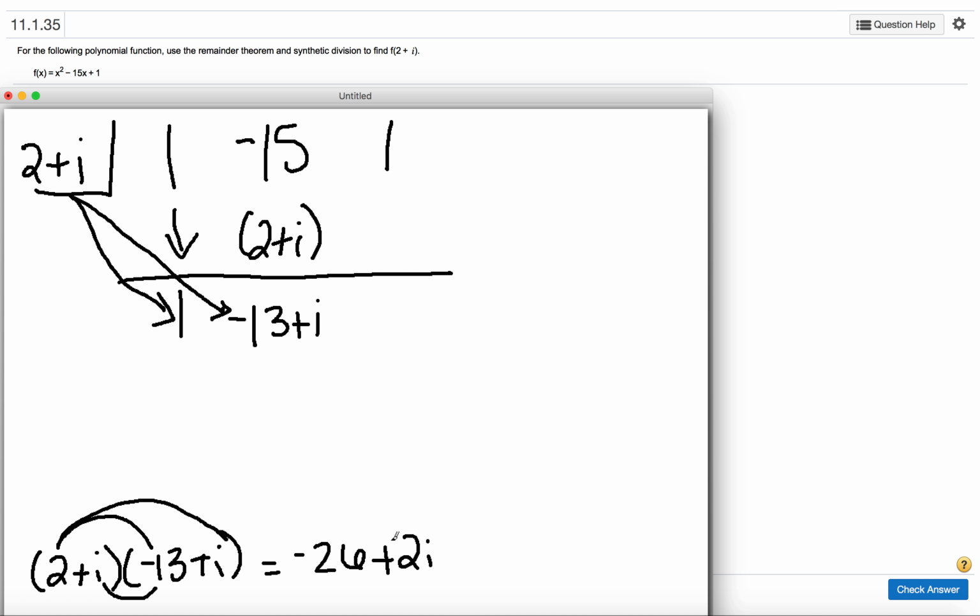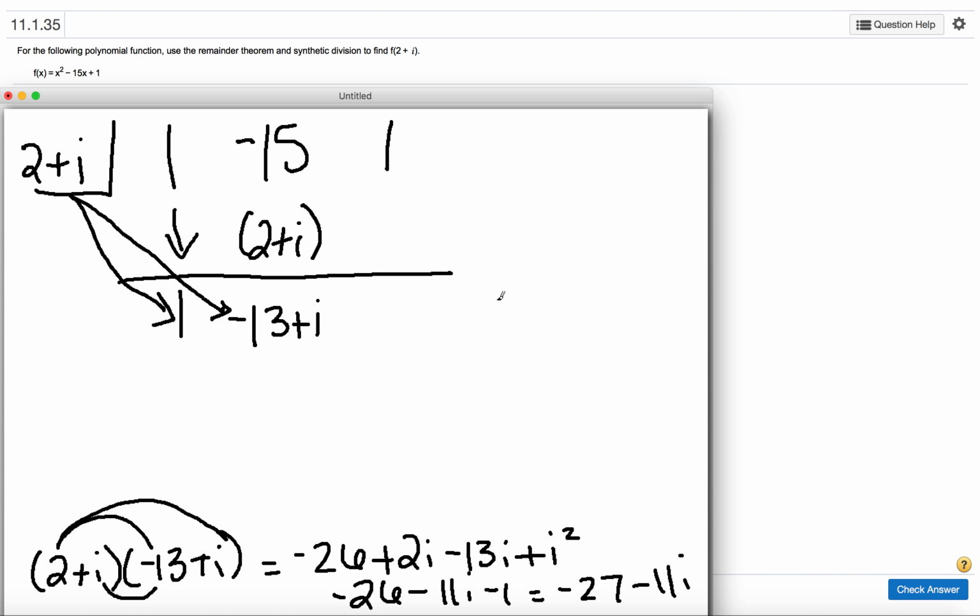My inner would be -13i. And my last would be i squared. So as I said earlier, we have to remember i squared is -1. So when I combine my like terms, I'm going to get -27 minus 11i minus 1. Because i squared is -1, which becomes -27 minus 11i.